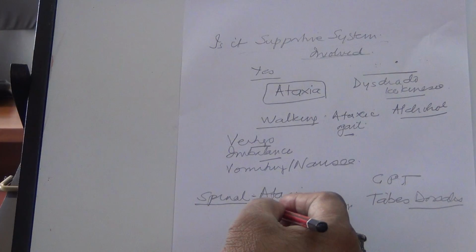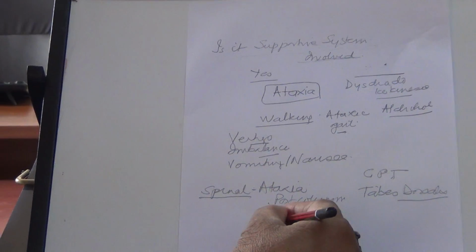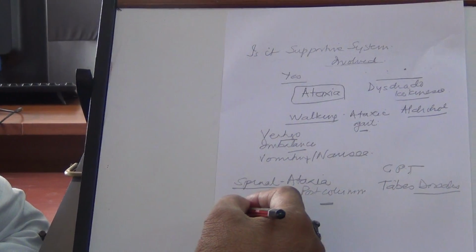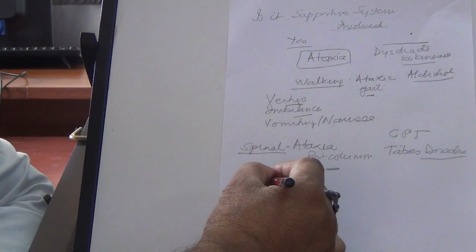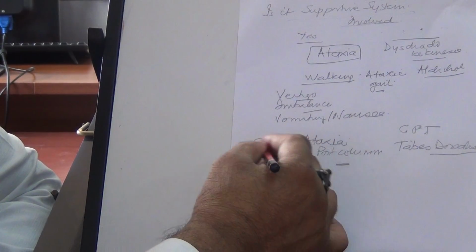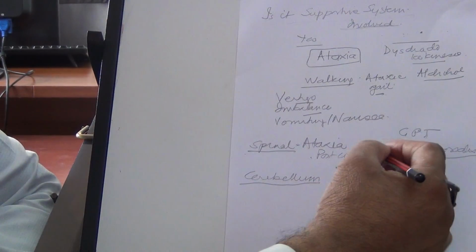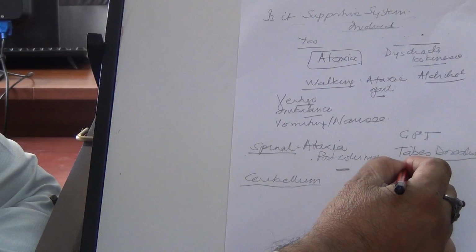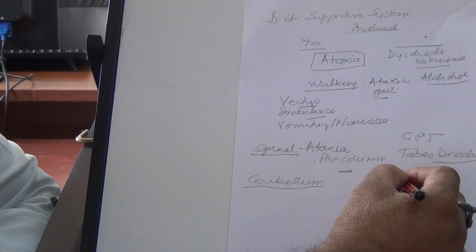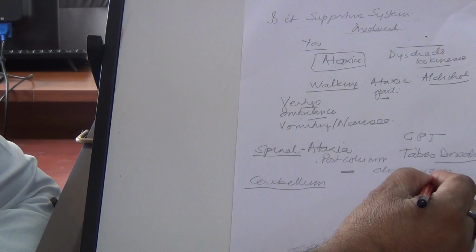The second is that there can be involvement of the cerebellum. Spinal ataxia will be aggravated if you close your eyes, and this is called the Romberg sign.